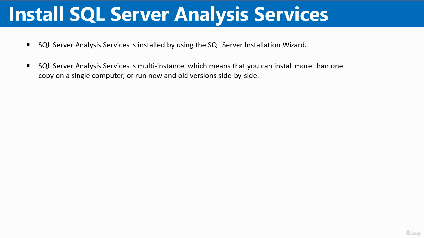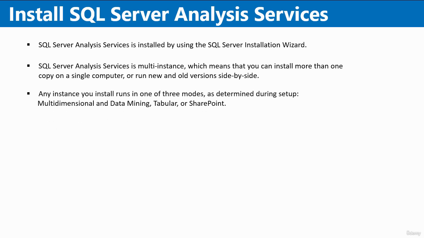When you are installing SQL Server Analysis Services, it gives you the options of 3 modes. So you can install it as a multi-dimensional and data mining mode, as a tabular mode, or as SharePoint. If you want to use multiple modes, you will need a separate instance for each of the modes.